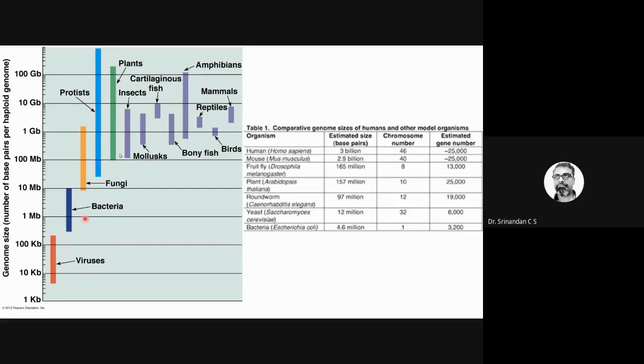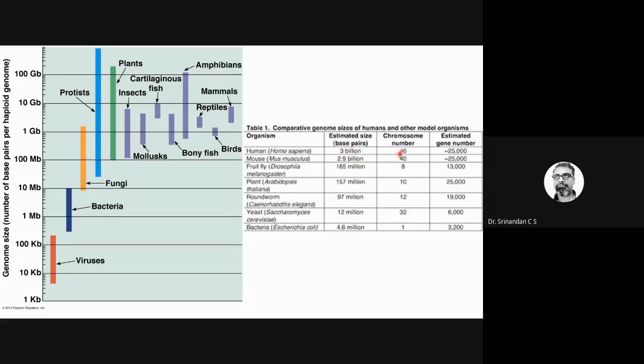A human has around 3 billion base pairs. Pairs, because there are two strands. If A and T is one base pair, and G and C is one base pair, like that, 3 billion base pairs will be the human genome.